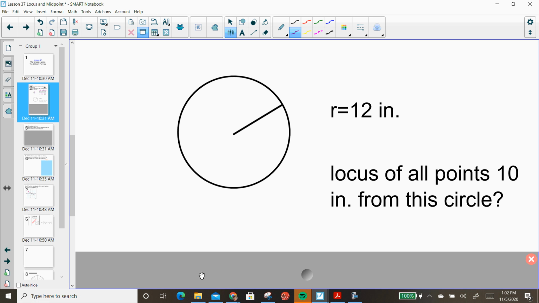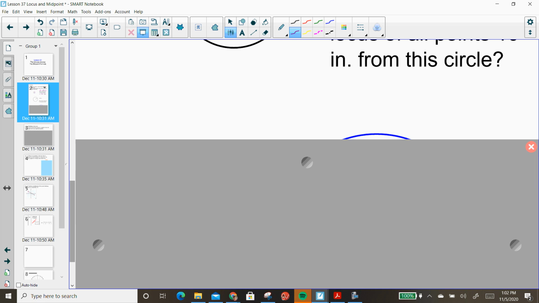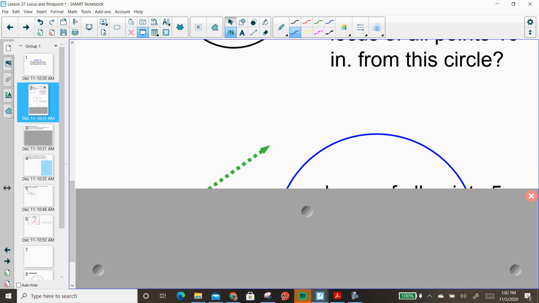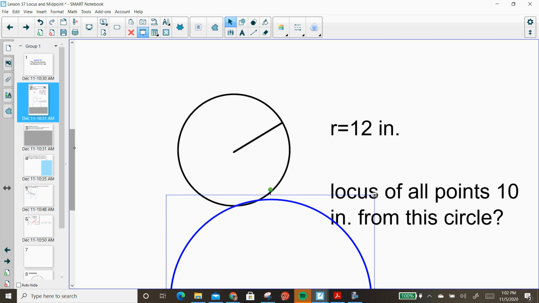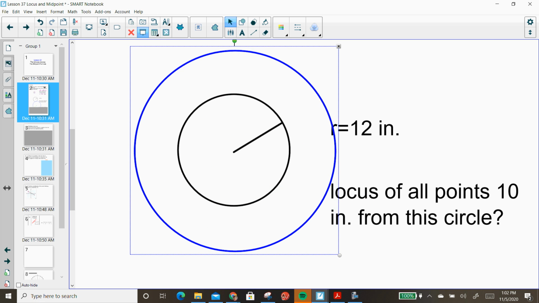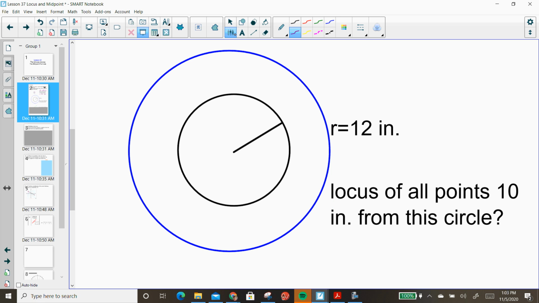Okay, so I think I've actually got one down here I can maybe grab and pull up so it'll look a little bit better than if I try to draw it freehand. So I could go like this, so that now I have a circle with a radius of 22. So if that's 10, that would mean my whole radius is now 22.